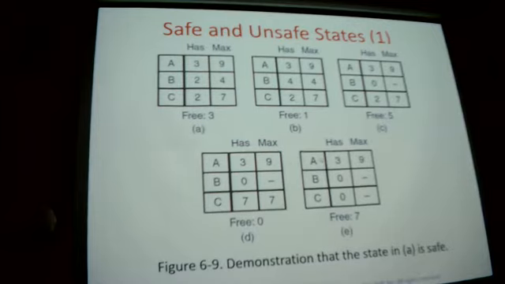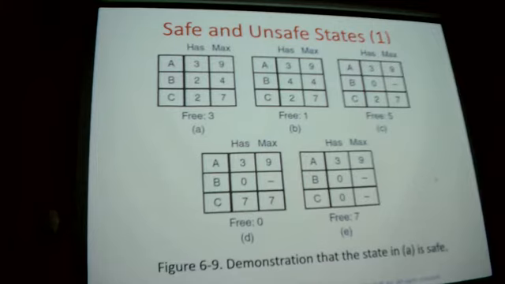So process A wants to require the new 6. And we know that there are 7 resources free. So we allocate 6 of the 7 to process A, and process A can also finish its task.